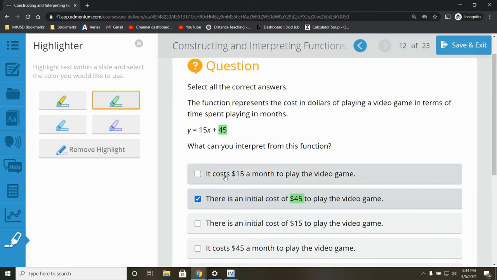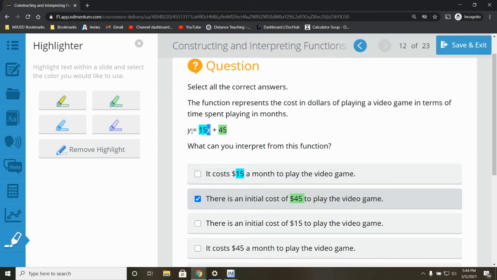Then from that spot, every month it goes up $15. This is the $15 per month. It costs $15 per month to play the video game. The number of months that you play the game is the x right here.